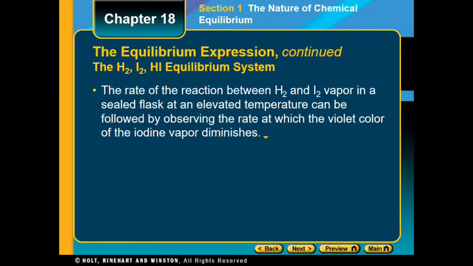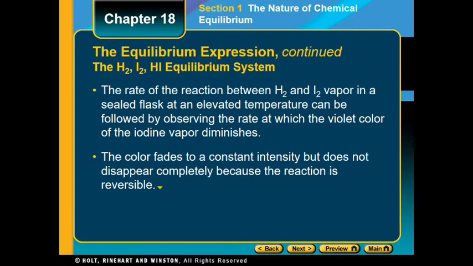The rate of the reaction that we have here, and you'll get to see a graph too on the next slide. The rate of the reaction between our reactants, hydrogen and iodine, in a flask at an elevated temperature can be followed by observing the rate at which the violet color of the iodine vapor diminishes.